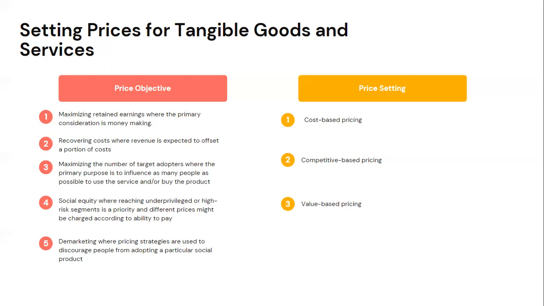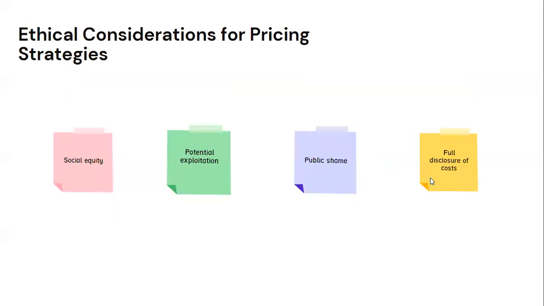Lastly, we have value-based pricing. This is where prices are based on an analysis of the target adopters, evaluating demand at varying points. This is something that is normally neglected whenever we are doing a social marketing campaign.